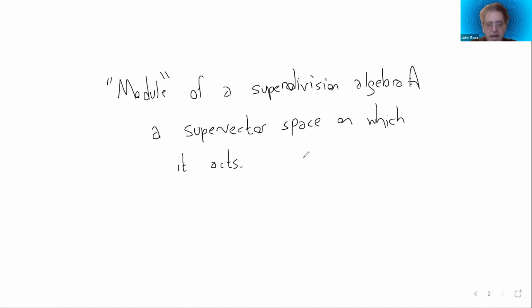Anyway, these are all interesting, so we get a category of these. People would call it A mod, the category of these modules.